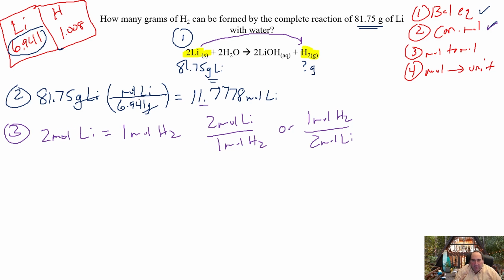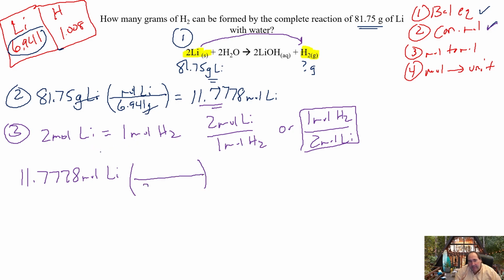So we have moles of lithium. So I'm going to continue on here with my number. I want lithium to go away and end up with hydrogen. So I am going to use the conversion factor here on the right in this case. And that's going to put my lithium on the bottom, and 1 mole of H2.